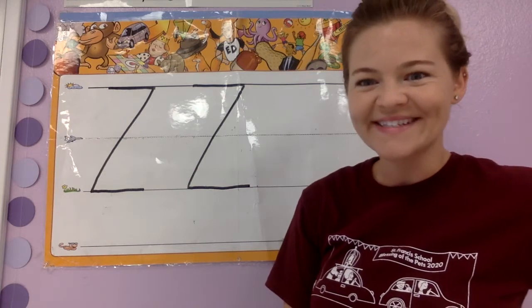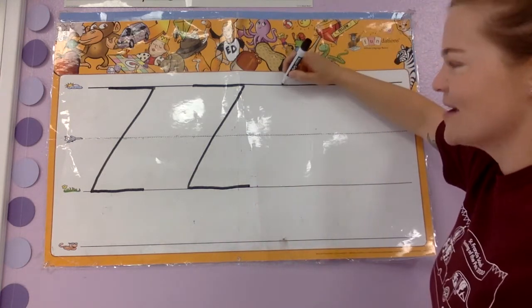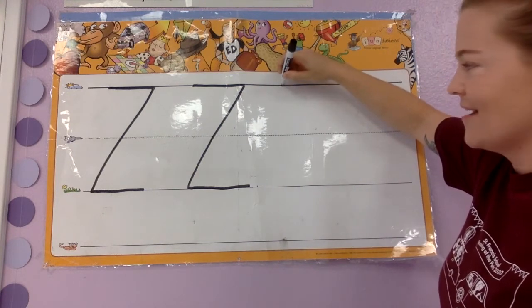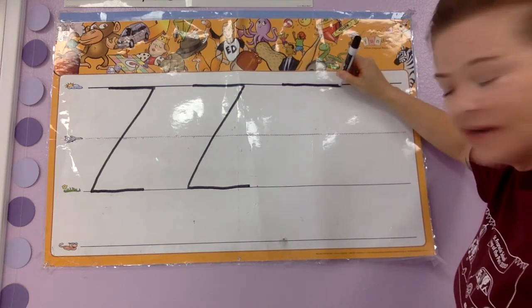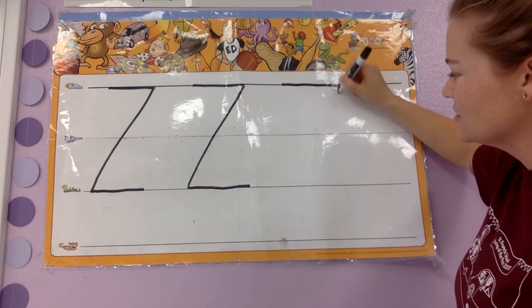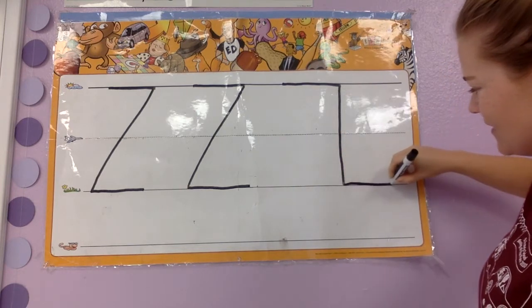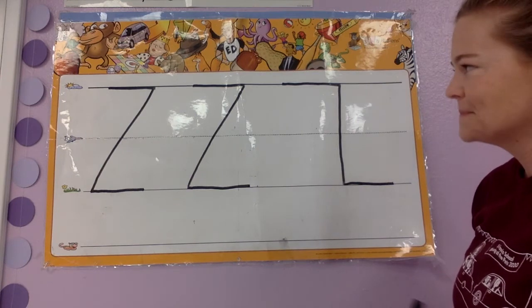Let me do one silly uppercase Z and you try to figure out what's wrong with it. All right, here's my uppercase Z that's going to be silly. I'm starting on the skyline and I'm sliding forward. Okay, so far so good. And then I'm going straight down to the grass line, and then I'm sliding forward again. What's wrong with that uppercase Z?